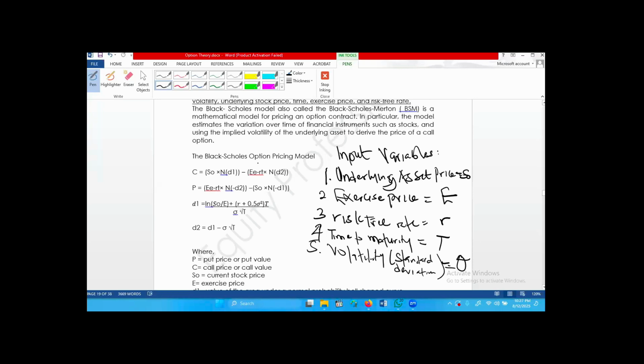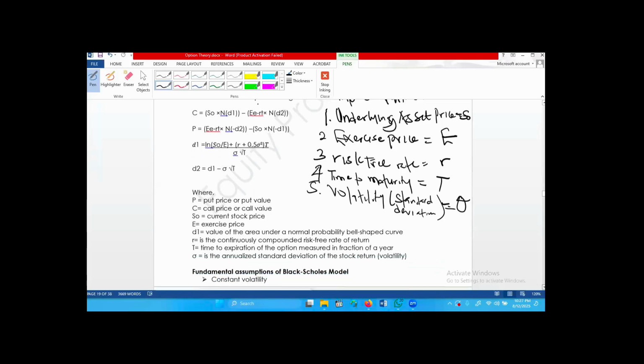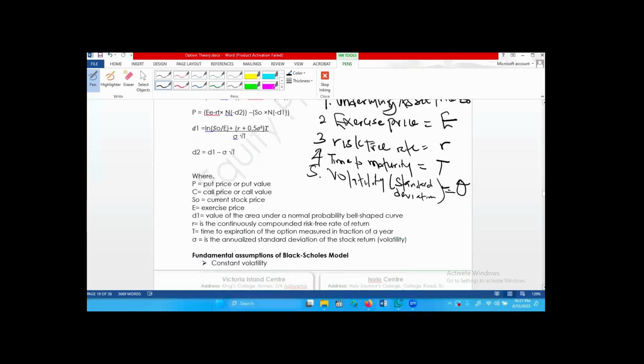We can define the variables. Small letter P, that is the price of a put option. Letter C, price of a call option.